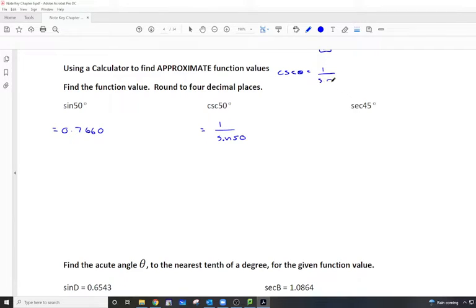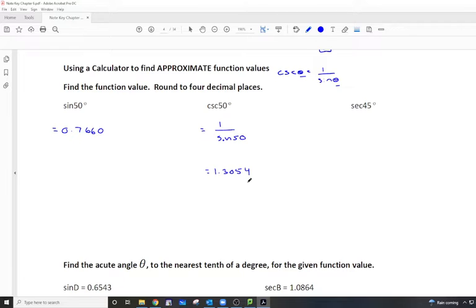It says cosecant theta equals 1 over sine theta. So cosecant 50 equals 1 over sine 50. Whatever the angle is stays the same. So to plug this in, we type in 1 divided by sine 50 equals. And we get 1.3054.